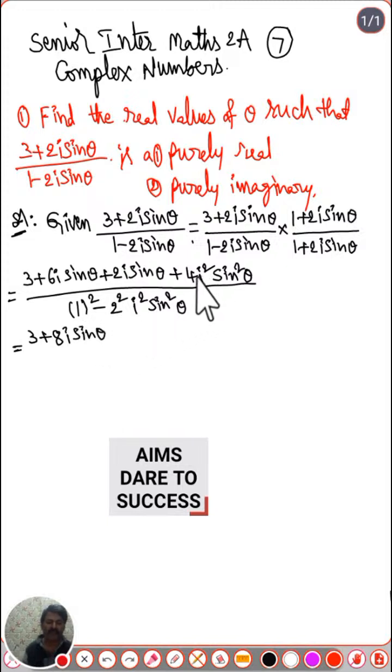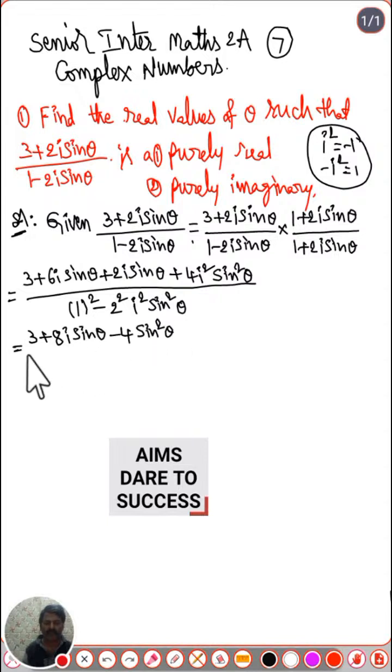Next, i square is equal to -1; you can remember this. So i square value -1 into 4 is -4 sin square theta.